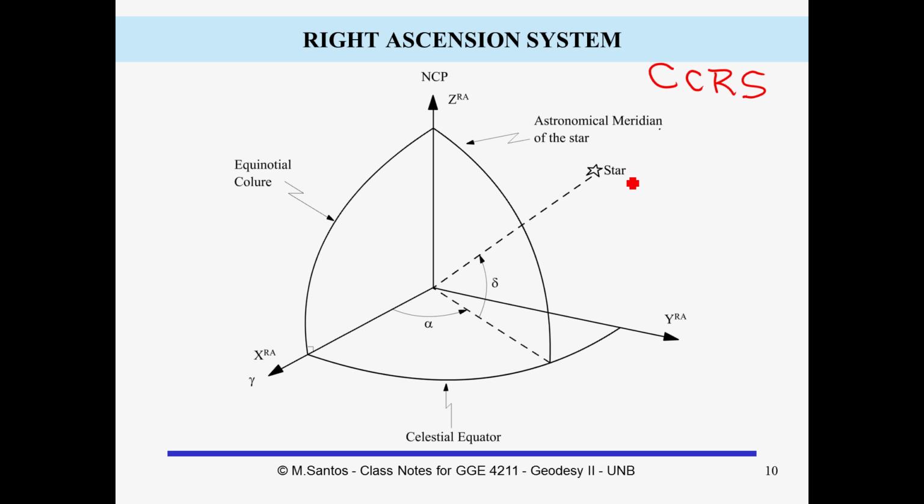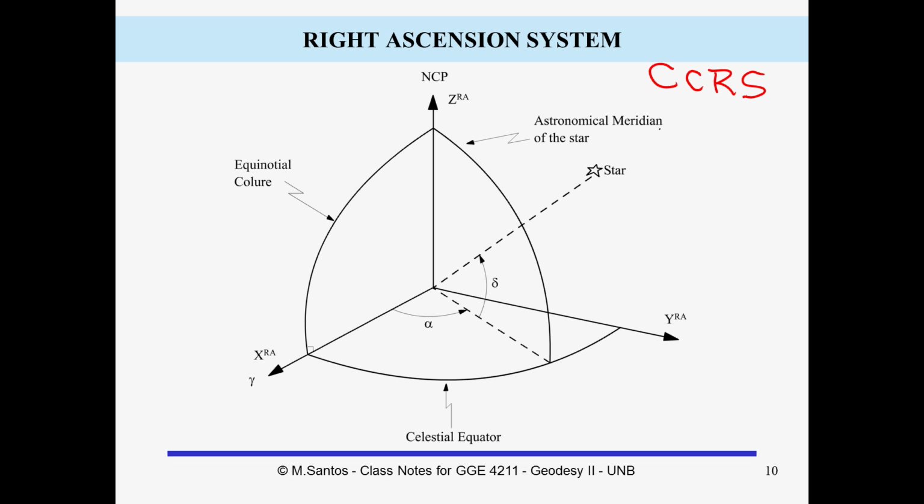We can define that by means of the origin, and the origin has to do with either heliocentric or geocentric, depending on the use that we're going to give to the system.